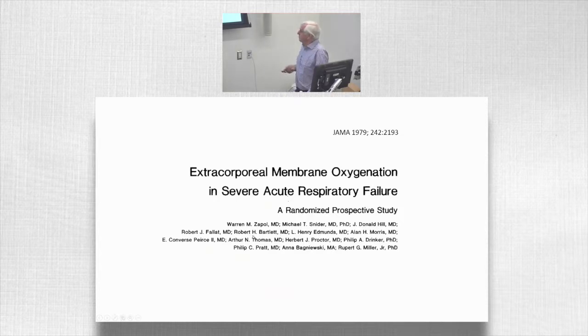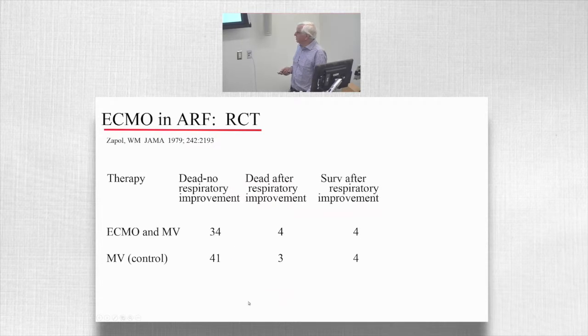So it's a prospective randomized trial. Now, what I'm going to show you on the next slide, you'll probably throw up your hands with horror and say, how could they even design a trial like this? So they designed a trial which had a total of 75 patients. The standard therapy, mechanical ventilation, or the control arm, consisted of positive pressure ventilation with 5 centimeters of end expiratory pressure.